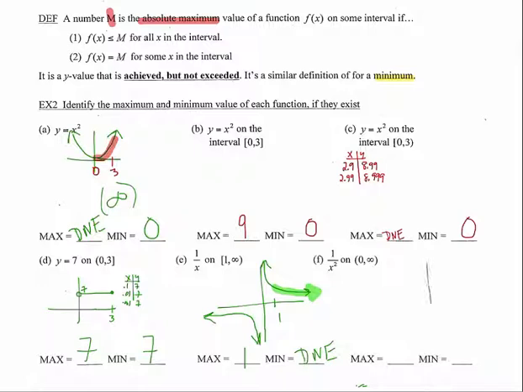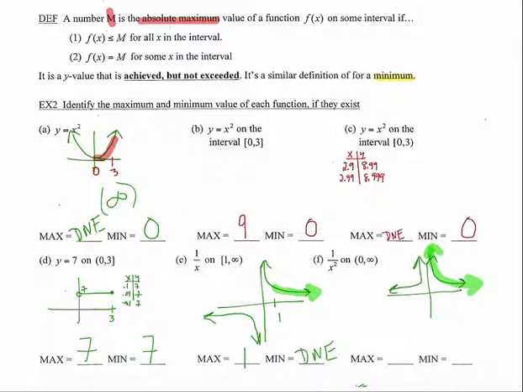Last graph here, by doing x squared, looks like this. Now, if we're defining our interval from 0 out to infinity, now we're looking at this here. We get infinitely close to the y-axis.